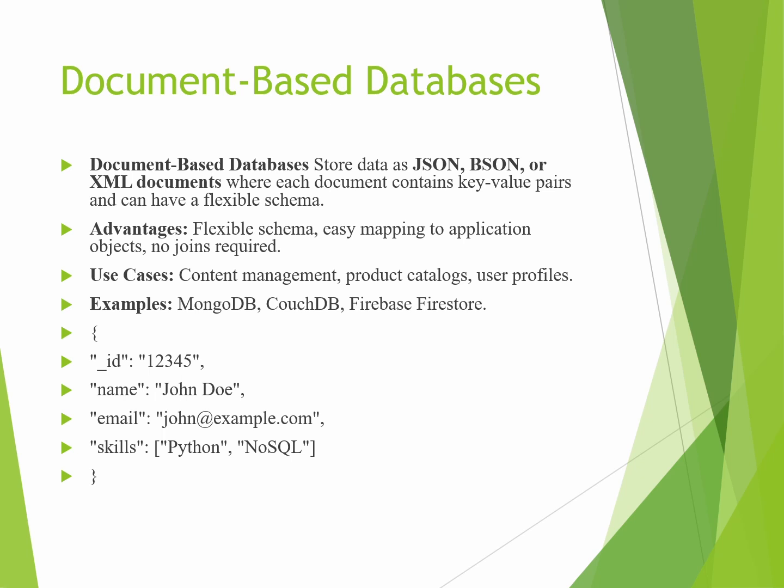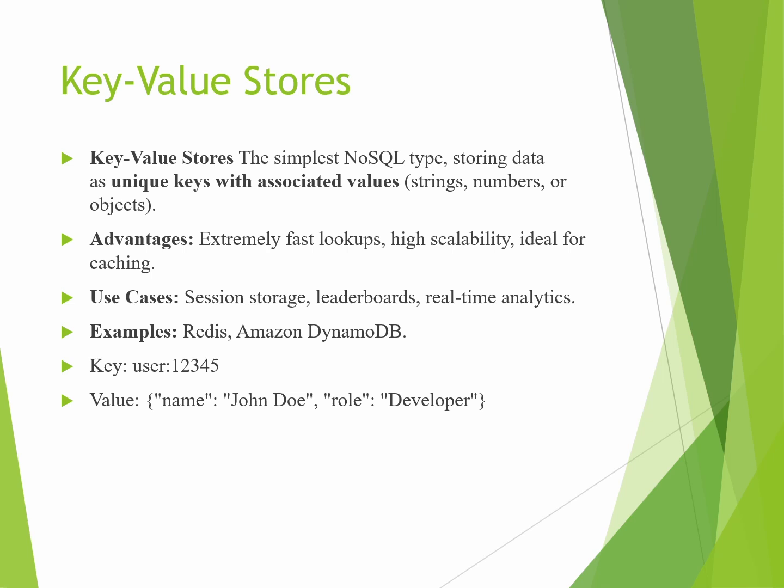Here is an example for document-based database, which contains the name of the attribute along with the value for that attribute. And the next one is key value stores. In the key value stores, we have key associated with that value. The key should be unique and associated with that values.